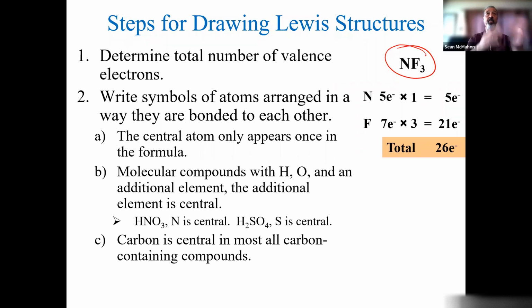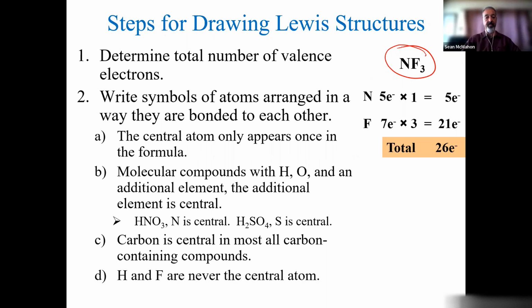When we have more than one central atom, you typically want to link all the carbons first. It's called a carbon skeleton. For this class, we're primarily focusing on simple, single central atom species. We'll see in lab, we will expand that to some of the organic examples.